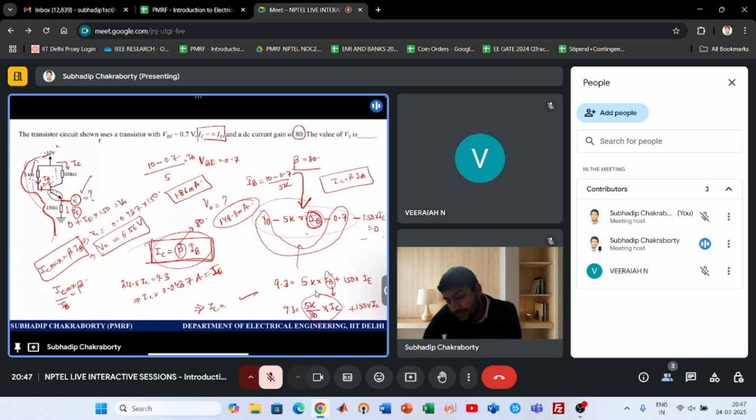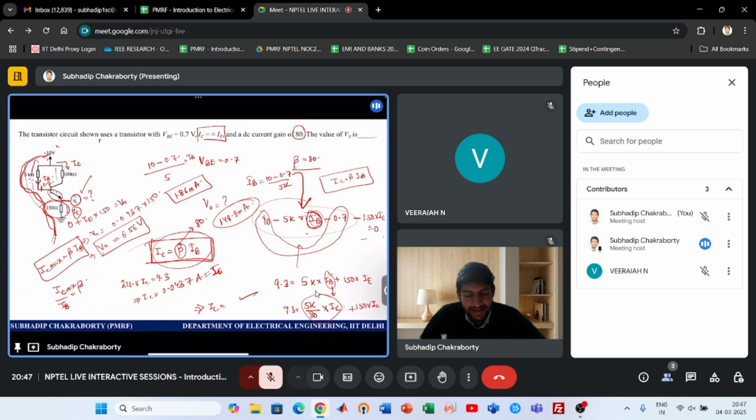In order to calculate IC, you must use the complete KVL loop, which also has these biasing resistors. Because if you only use 10 minus 0.7 by 5, you are only calculating IB. But I told you that IC is not only dependent on IB, but also somewhat dependent on VCE. Hope you remember what I told you.